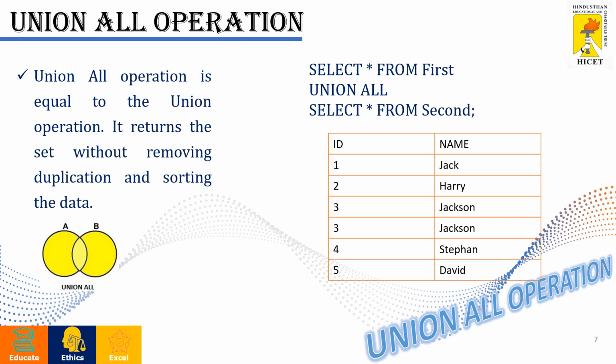In both, ID number 3 is repeated, and when you do union all, the 3 rows of the first table are combined with the 3 rows of the second table. So in the result table, you will have 3 repeated as a duplication. The only difference between union and union all is that union all will not remove any duplicate values. It will combine both the tables and give you the result, but union will remove the duplicates and then give you the result.